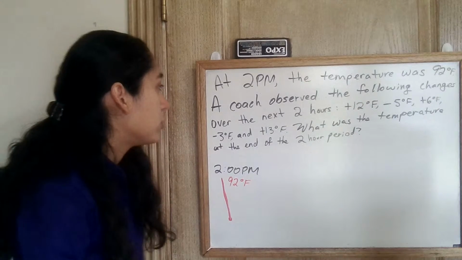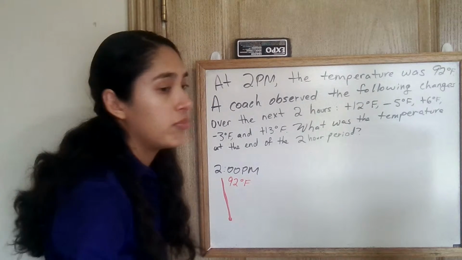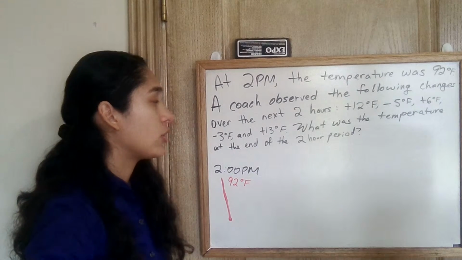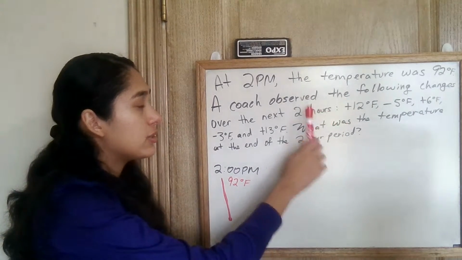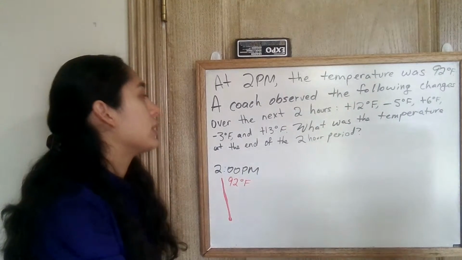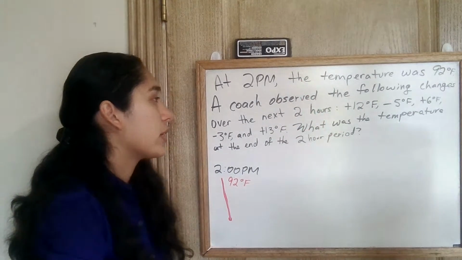And over those 2 hours, there were multiple fluctuations in temperature. We saw the temperature rise 12 degrees, go down 5 degrees, go up 6, go down 3, and then shoot up 13 degrees Fahrenheit.